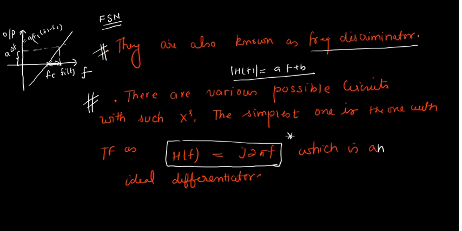There are various possible circuits with such characteristics, and the simplest one is the one with transfer function H(f) equal to j2πf. If you remember, this is nothing but an ideal differentiator. So, an ideal differentiator can be used in order to demodulate our FM signal.